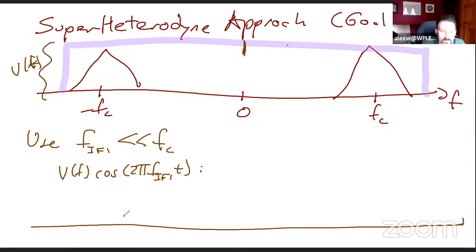So I would have that initial block, and now I take one block, and it gets moved, let's say to here, FIF1, okay?